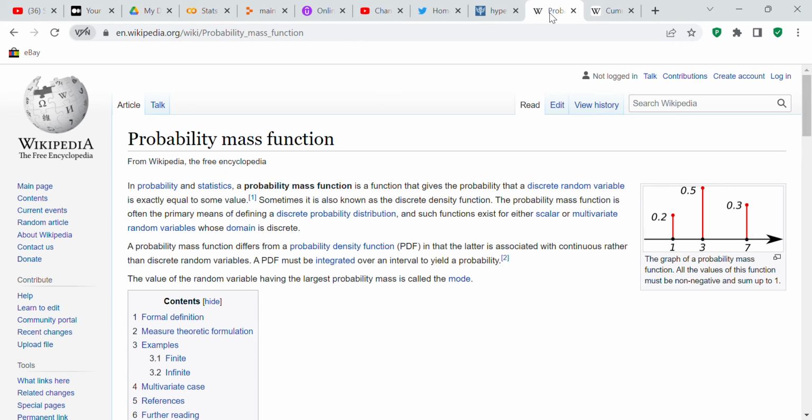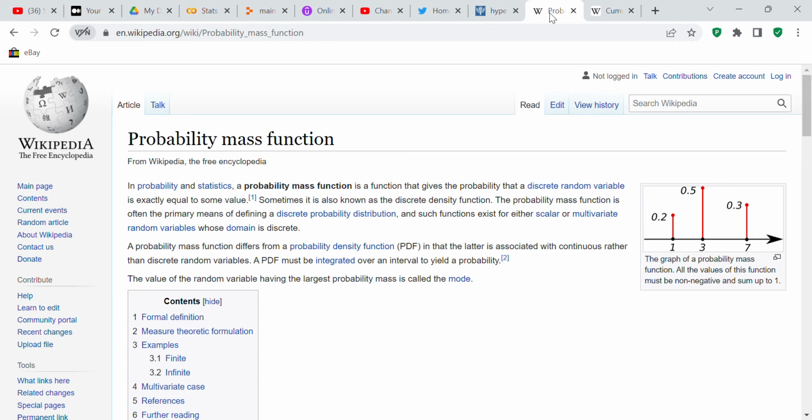Sometimes it is also known as the discrete density function. The probability mass function is often the primary means of defining a discrete probability distribution, and such functions exist for either scalar or multivariate random variables whose domain is discrete.